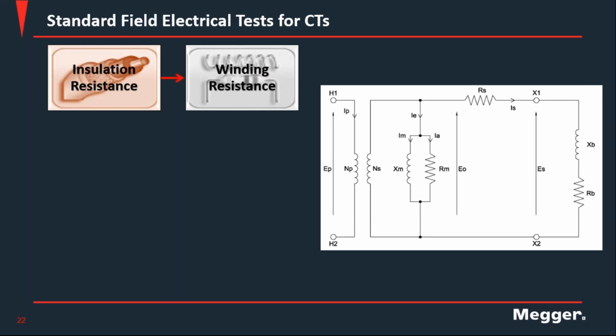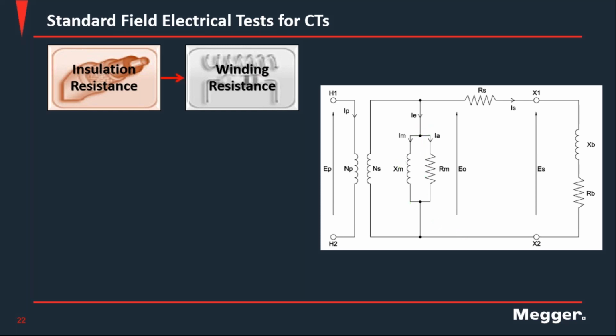The way to get this value is by applying DC current through the terminals. So we are circulating DC current through the terminals of the instrument transformer, secondary side, and at the same terminals we are measuring the voltage drop. With current and voltage drop, we can calculate resistance. In the process, this DC current that is circulating through the winding is saturating, is magnetizing this branch.